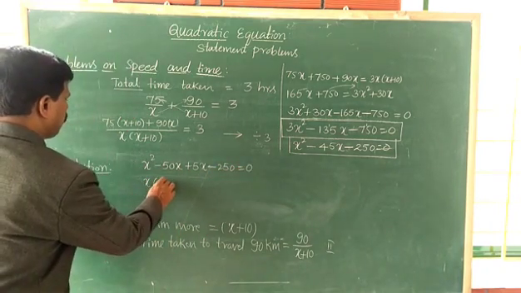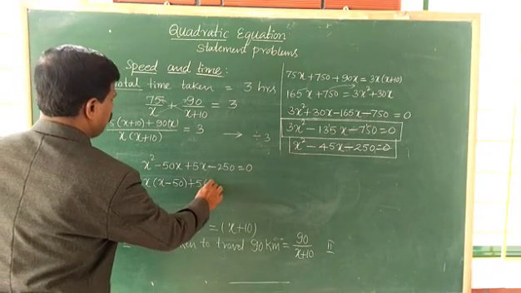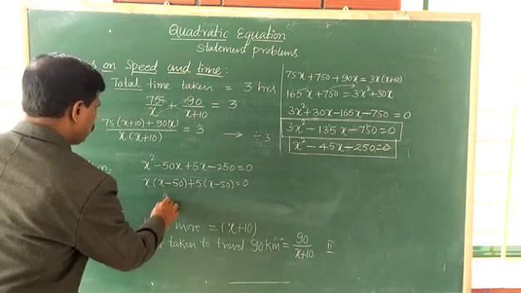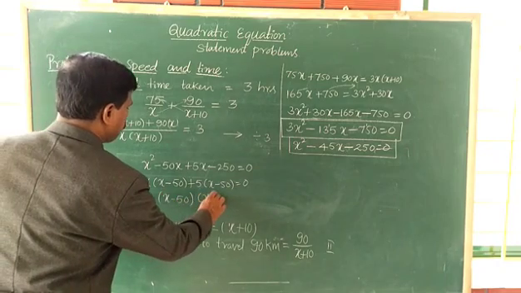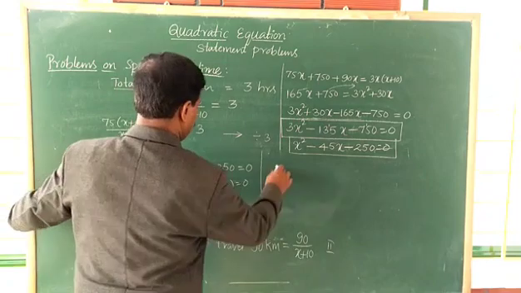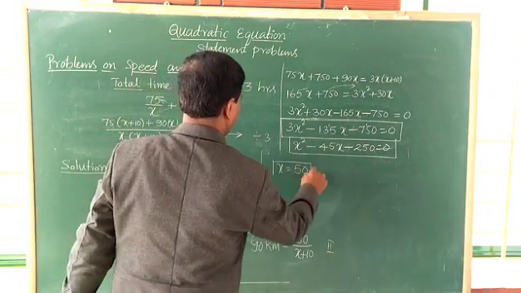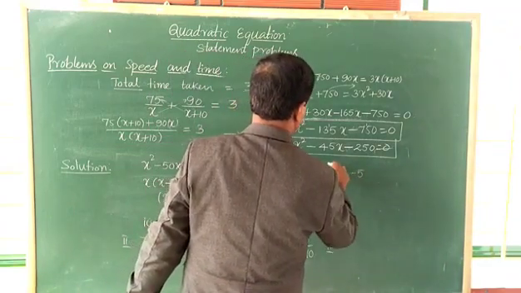Now x comma x minus 50 plus 5 comma x minus 50 equals 0. So x minus 50 into x plus 5 equals 0. So two roots are x is equal to 50 and x is equal to minus 5.